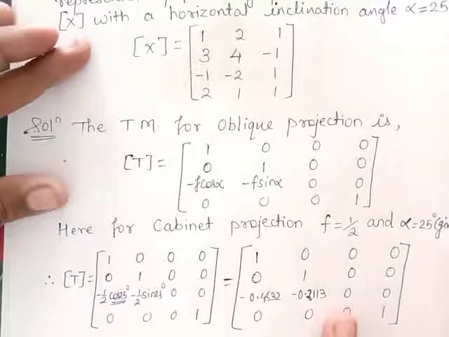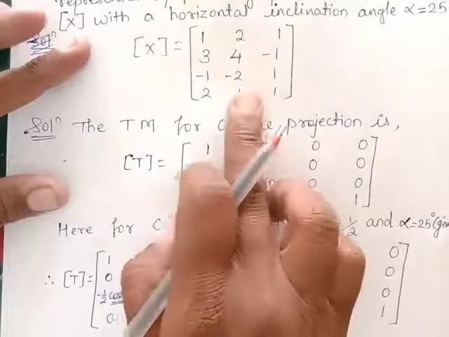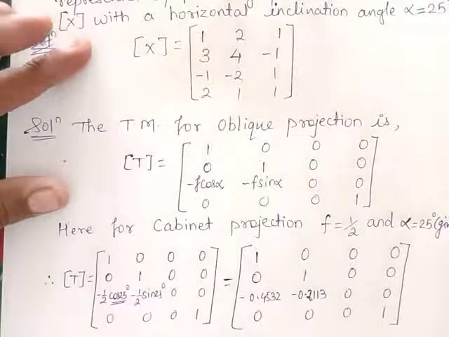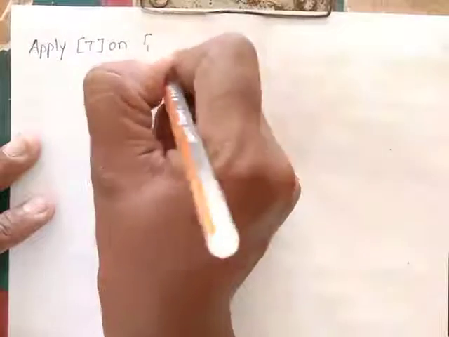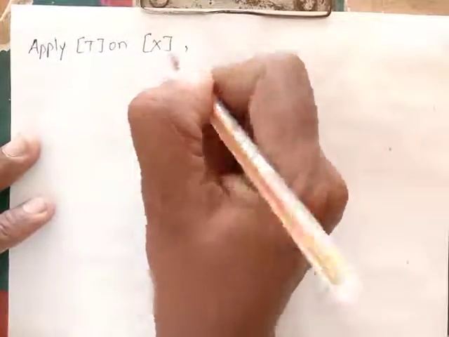Now we have to apply this on this object X. So apply T on X. What we get?